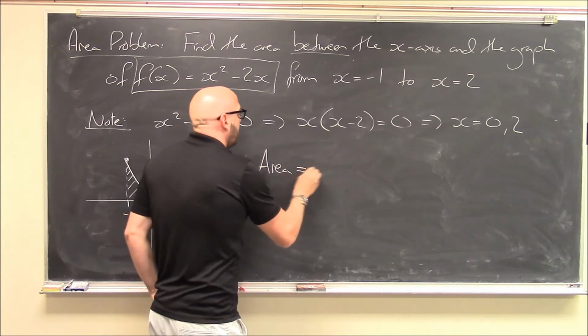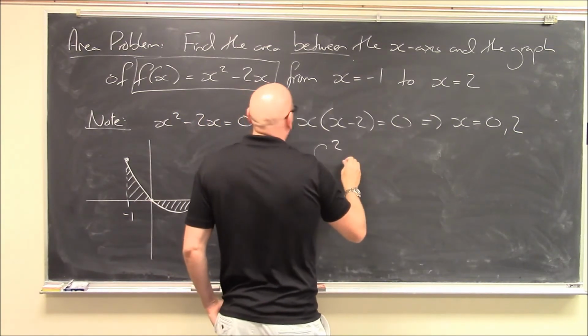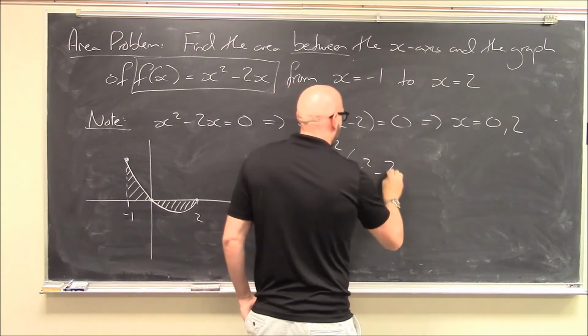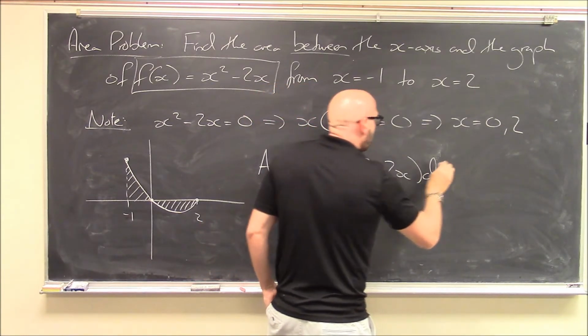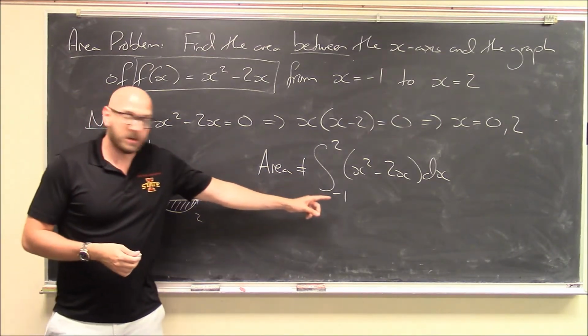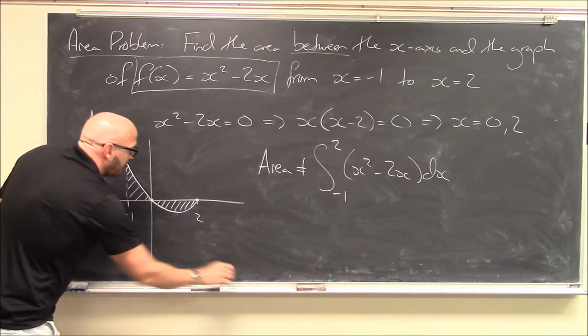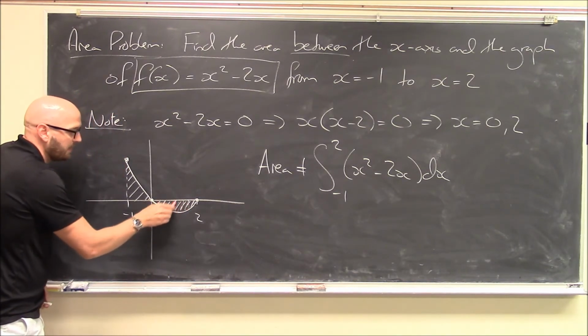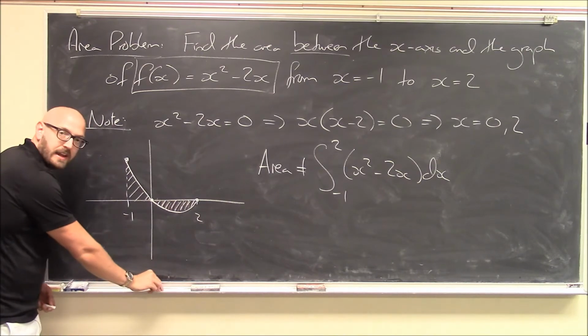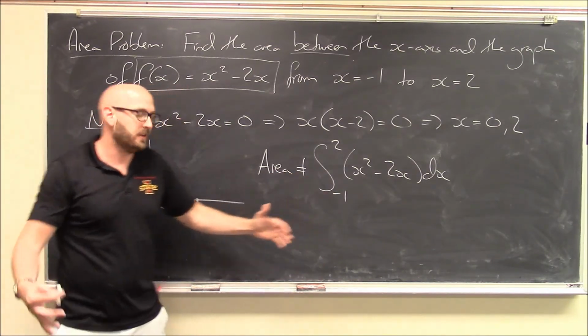And I've already told you that the area is not going to be the integral from minus 1 to 2 of our function. Now that we have a picture in front of us, why is this the case? Well, remember how integrals work. The integral from minus 1 to 2 would count all of this stuff as negative area. Definite integrals give you the net area under the curve.